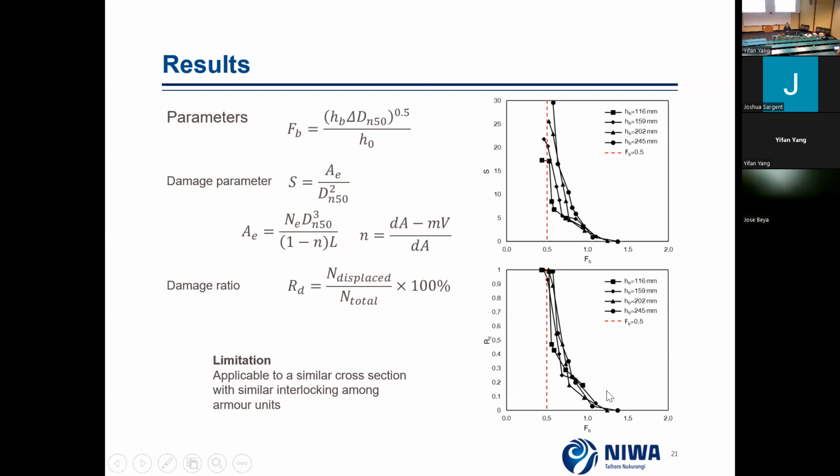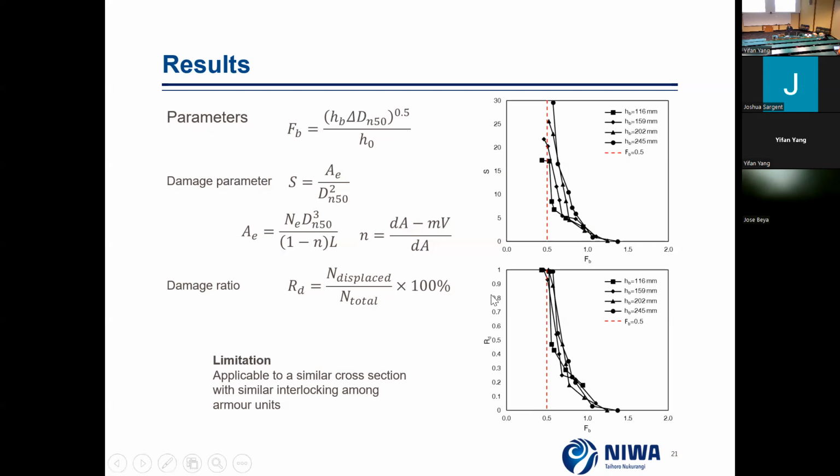So these two figures are useful because they provide guidance for us to design a breakwater that can resist a certain type of tsunami. For example, if we want to keep the breakwater stable under a certain tsunami, we can say we want to have the damage less than 10%, or less than 10% of the armor units displaced.